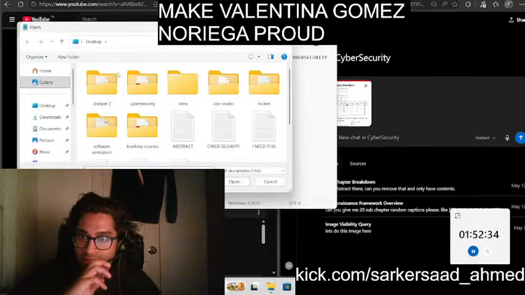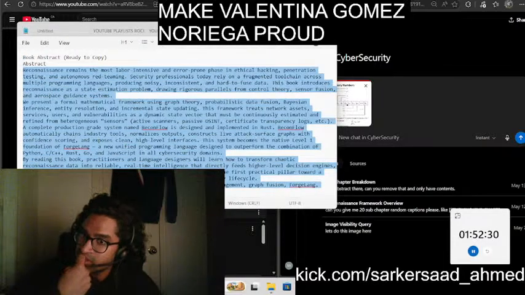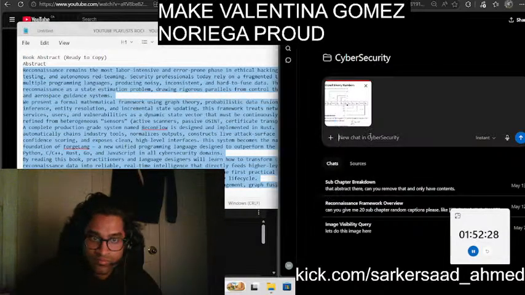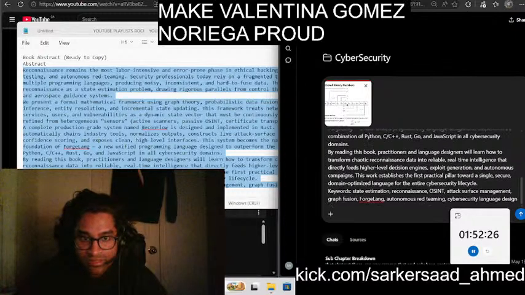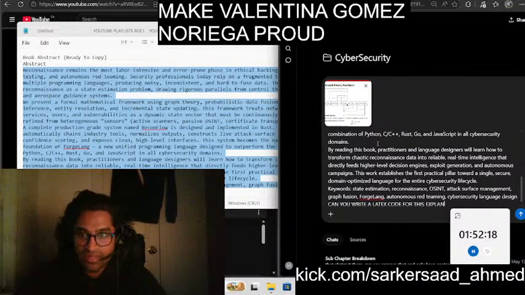Let's see, open. So can you write a LaTeX code for this explanation for my book?